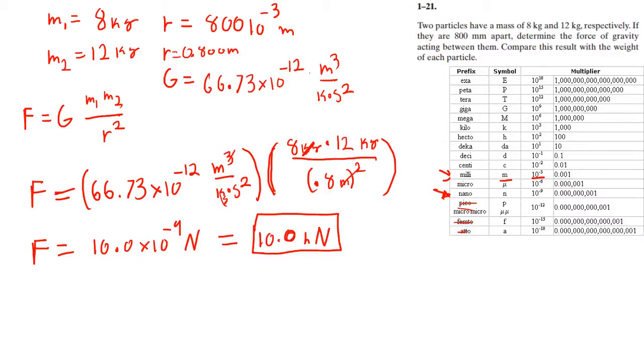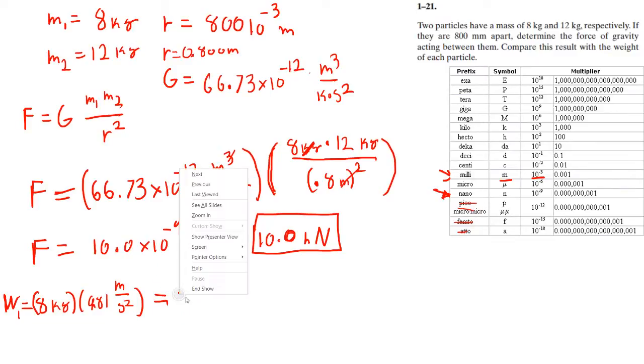So we know this is a super small force. Let's find the force of gravity acting on them, of the Earth. So the first one, 8 kilograms. The force of each particle, so the weight. The weight of one is 8 kilograms multiplied by 9.81 meters per second squared, and when you plug that in, you're going to get 78.5 newtons.